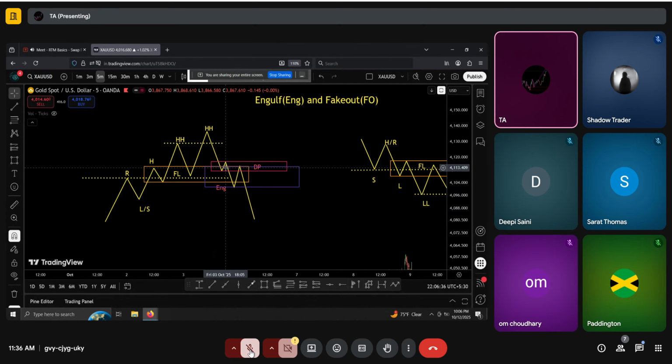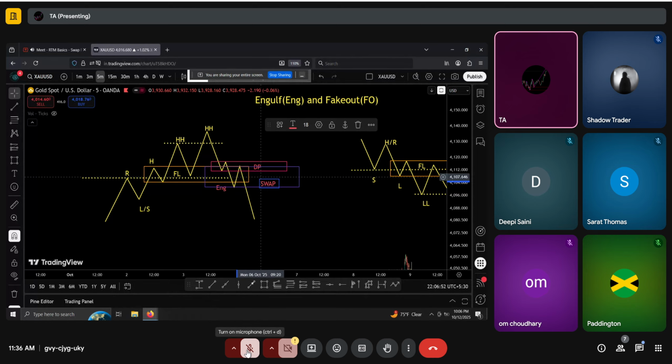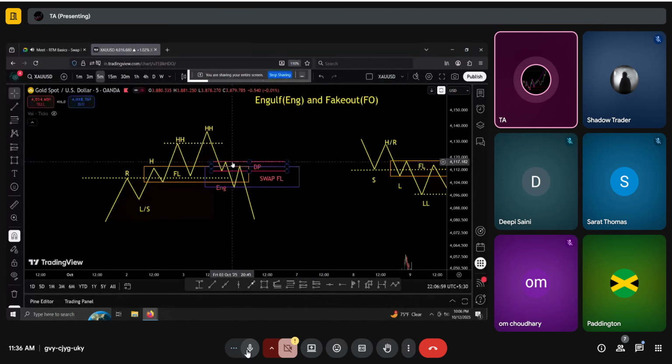Orders were in this DP, but the price goes back again, hits this, came down. So the order will be transferred from DP to this swap FL. We have studied that. Why? The price has hit back to this DP. Do you understand now?